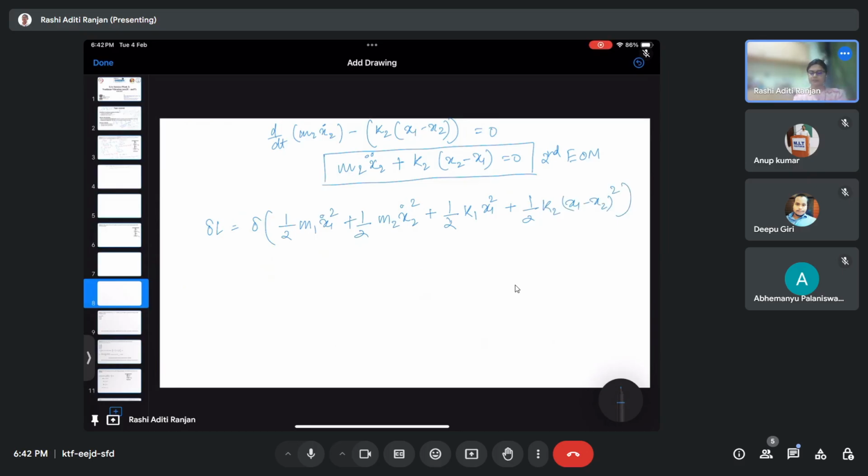Okay, now again, since I have considered my m1, m2, k1 and k2 as constants, so what will I get? I will get half. Okay, I'll just write it so that you have clarity. Although I could have skipped the step, but I'll just write it fast.